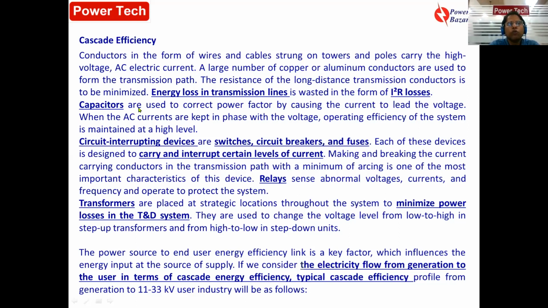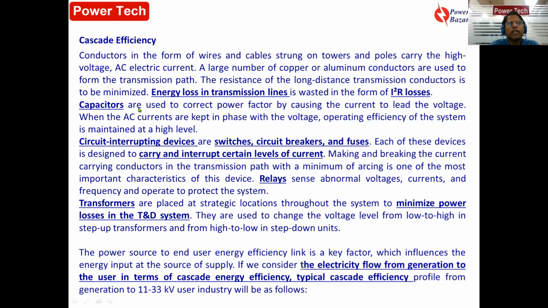So to minimize the inductive load, the lagging power factor and the lagging kVAR, we put a capacitor bank so that it can cause the current to lead the voltage, and you will get a good power factor and a good voltage profile.